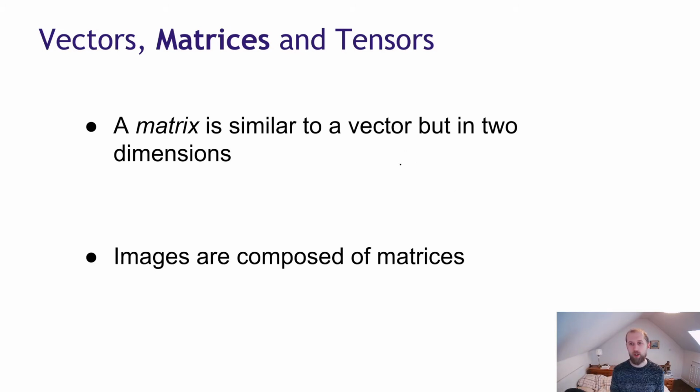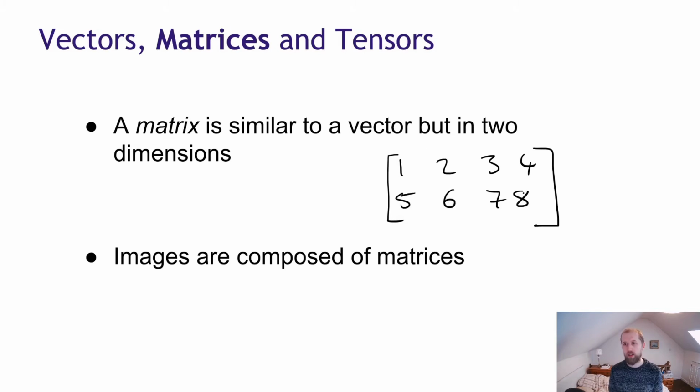So before, where we just had 1, 2, 3, 4, we now might have more than one row. So we go to something like this, where it'd be 5, 6, 7, 8, and these can be any kind of dimensionality. The number of columns could be any number, and the number of rows could be any number.